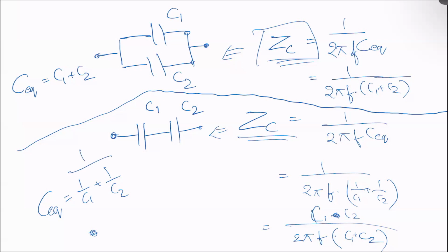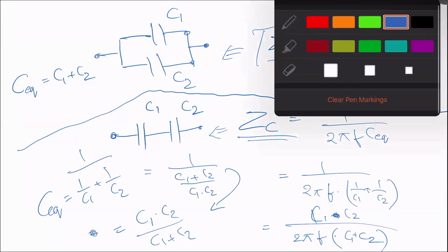Yes, it's 1 over, there you go. So it is C1 C2 by C1 plus C2. This one would be 1 by C1 plus C2 by C1 times C2. And what would this be now?